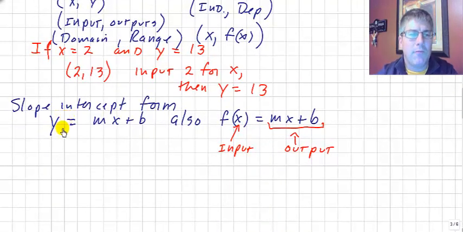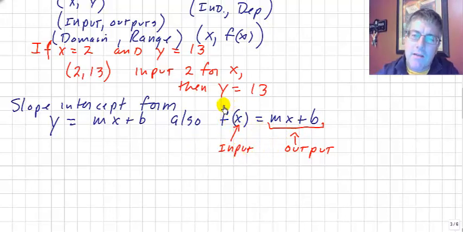So slope-intercept form, near and dear to our heart, we know that's y equals mx plus b. Well, we can also write that as f of x equals mx plus b, where whatever we choose for x is the input, and this whole right-hand side becomes our output. And we actually had a problem like this on the most recent test. I'll talk about that in just a second.